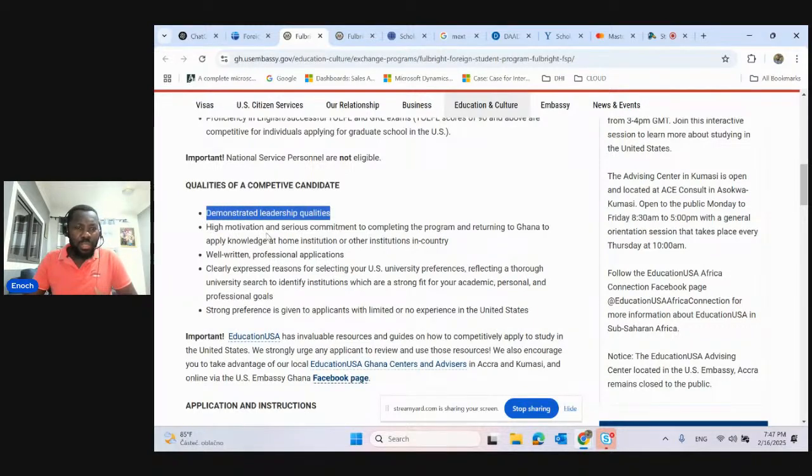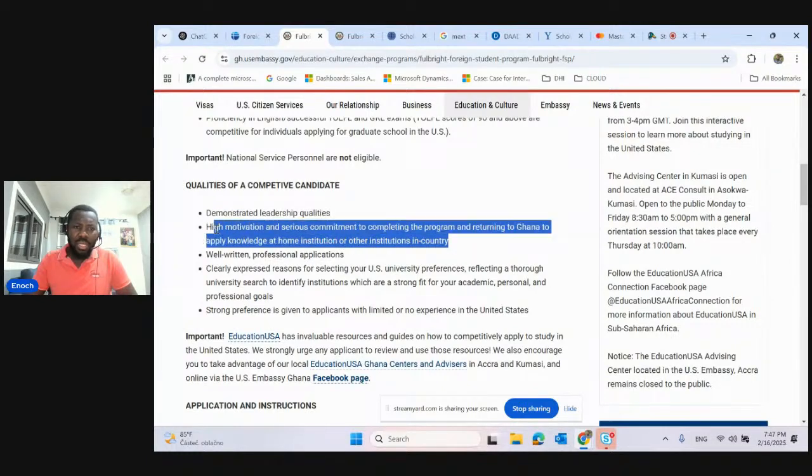High motivation and serious commitment to completing the program and returning to Ghana to apply the knowledge at your home institution or another institution in the country. So here you can demonstrate it through your statement of purpose, personal statement, or motivation letter. When you are writing, you should show commitment to community service along the line.